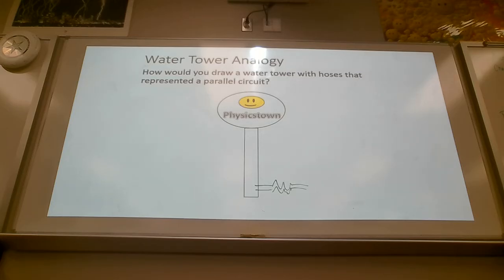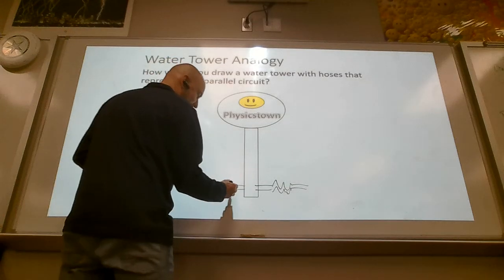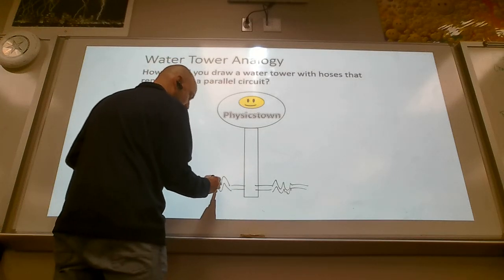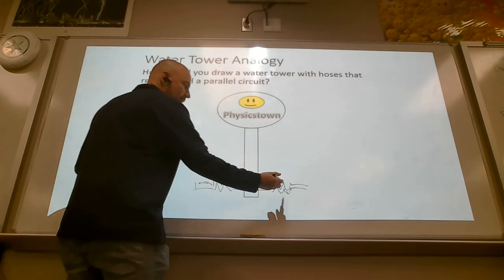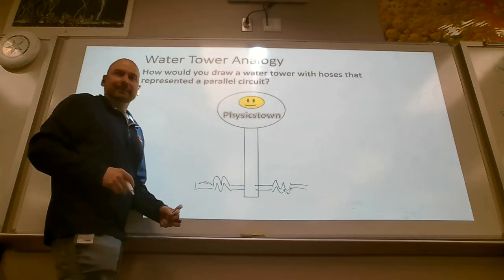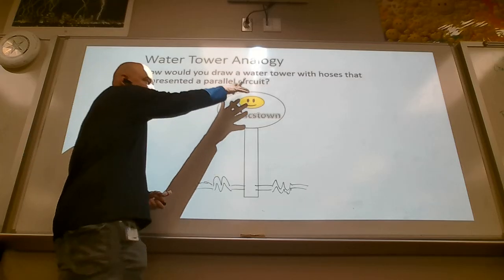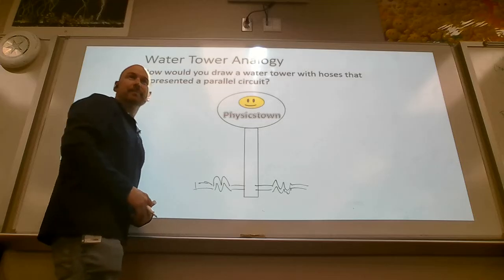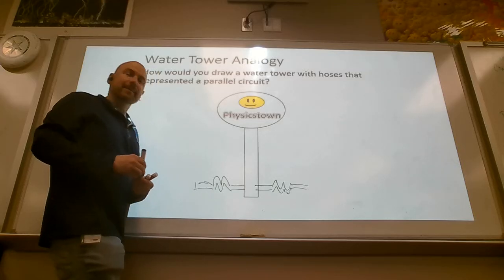Thoughts? Brainstorm. Got anything? Lawrence, you got something? We'll do another hose. Okay, so if you turn this on and off, this one doesn't care. Totally independently hooked up. You have the same amount of pressure. Okay with that?